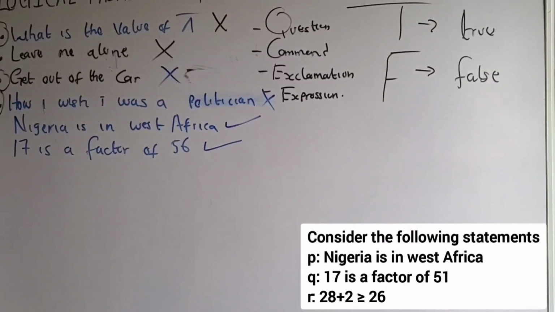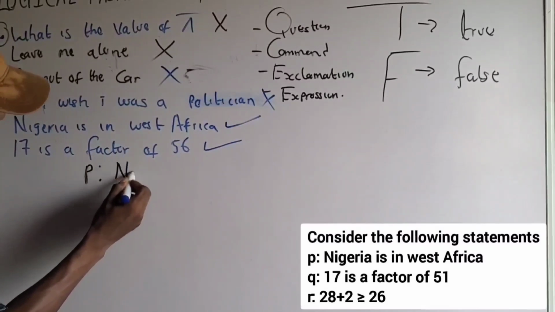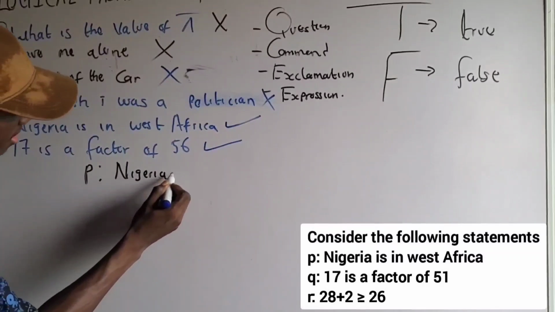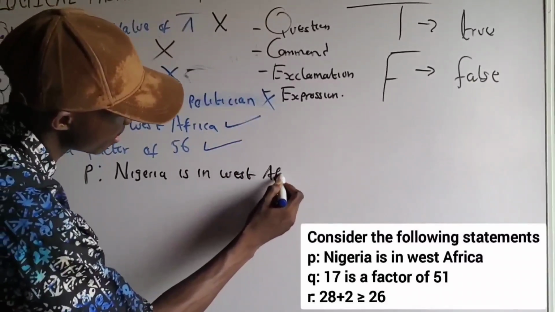Please, just pay attention. It's simple. I just want to lay emphasis on what we've learned so far. Now, P represents Nigeria is in West Africa.